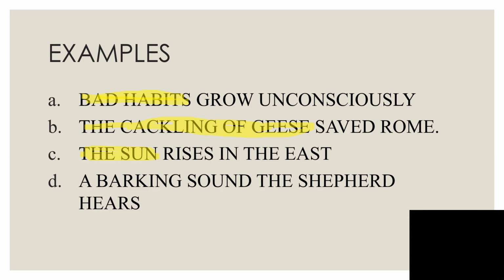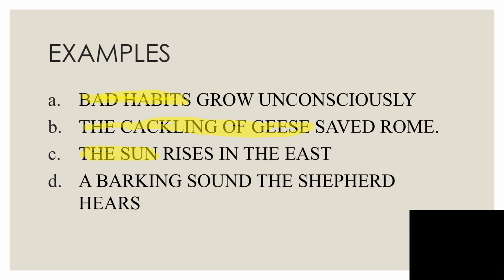Now the next sentence is quite a tricky sentence: a barking sound the shepherd hears. Whom are we talking about? We are talking about the shepherd. So here the shepherd will become the subject and hears a barking sound will become the predicate.